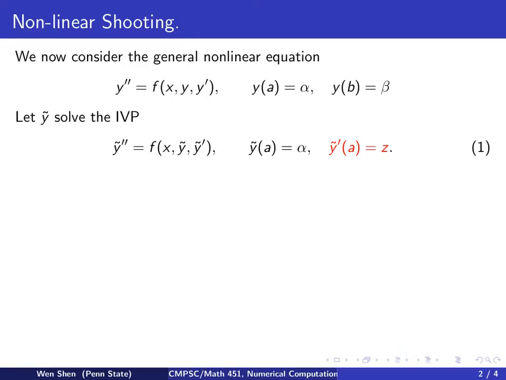Now let's denote y tilde to be the solution of the following initial value problem. So the same equation, but we're putting initial conditions. So y tilde at A is alpha, that's the original condition at A, we copy, and we make our guess of the y tilde prime at A, and we guess with the value z.